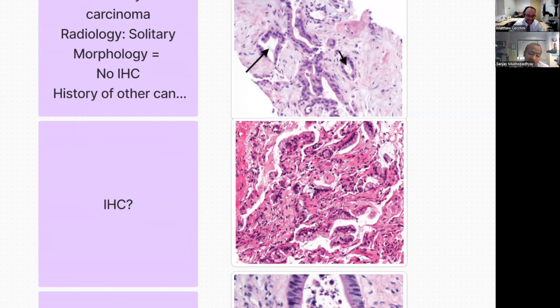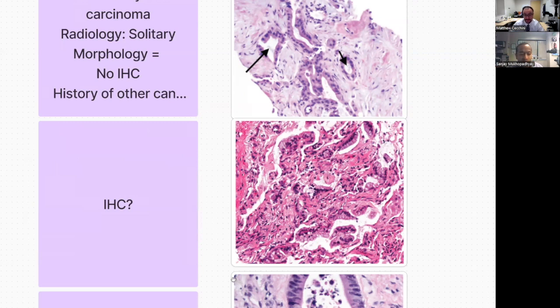Here's an interesting little tidbit: when people try to do a TTF1 in these cases, most of them are negative, and they often misinterpret them as positive by misinterpreting entrapped lung or weak positivity. It's even more useless here than in the non-mucinous one you showed before, because most mucinous adenocarcinomas of the lung are TTF1 negative, and in my experience there are only rare exceptions to that rule.